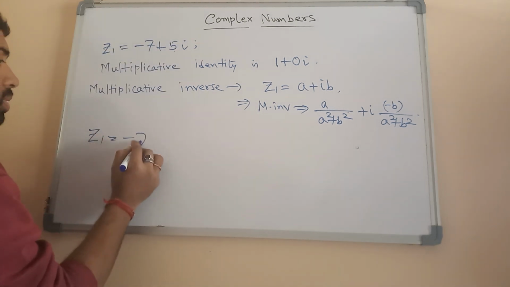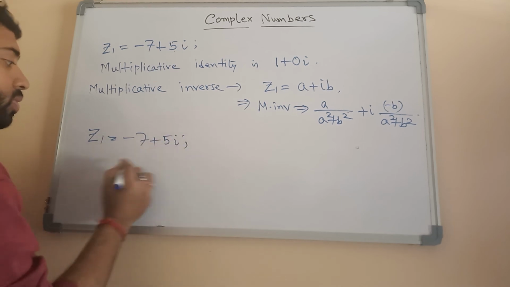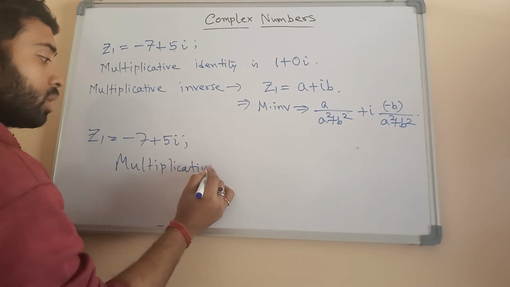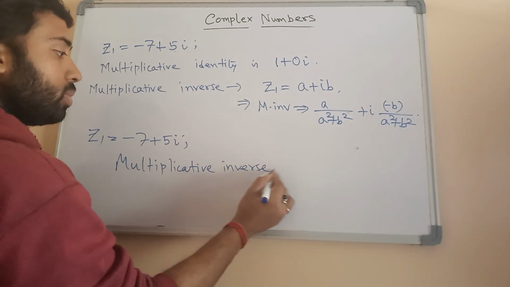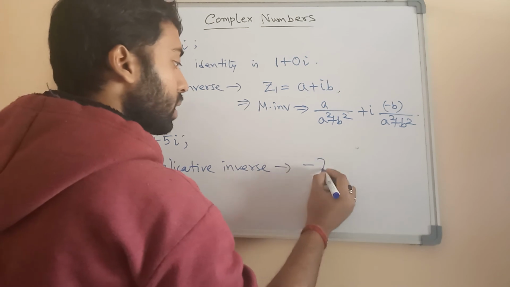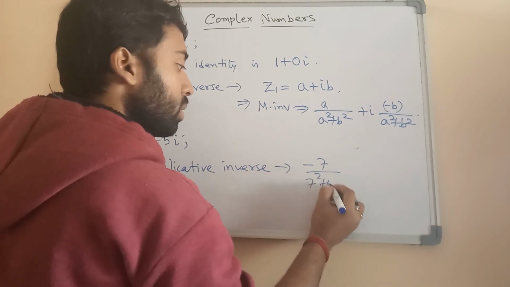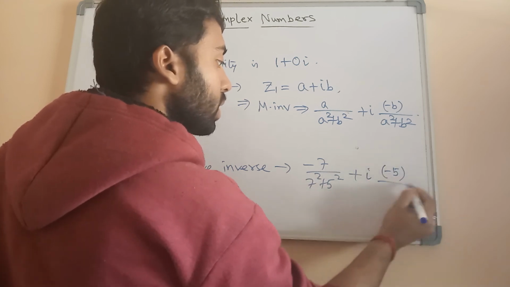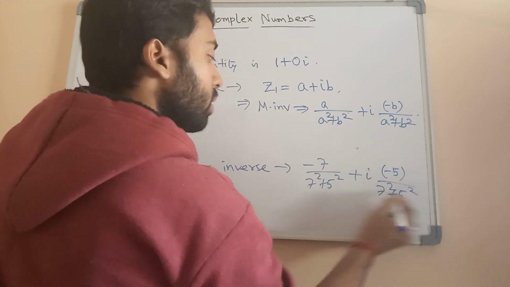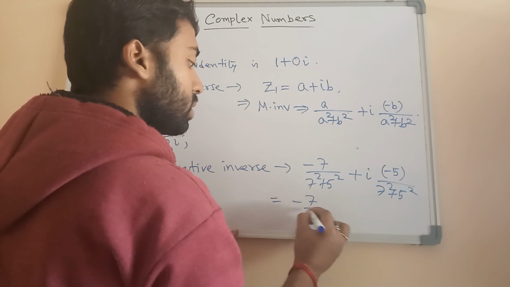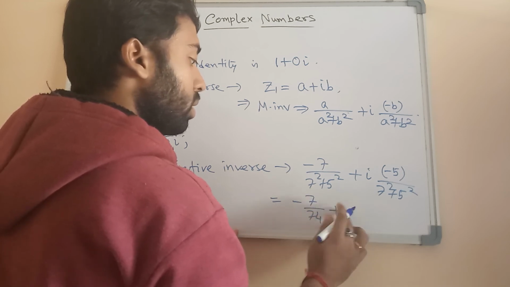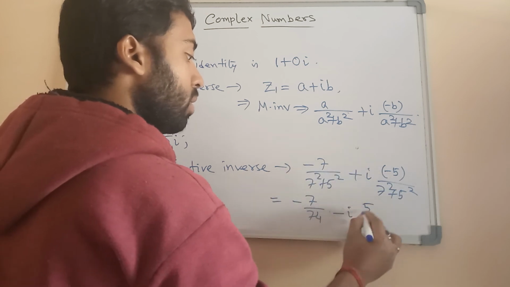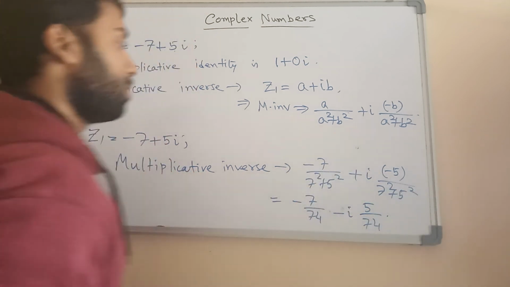So in case of Z1 equals to minus 7 plus 5i, multiplicative inverse will be minus 7 by 7 square plus 5 square plus I into minus 5 by 7 square plus 5 square. So it becomes minus 7 by 74 minus I into 5 by 74.